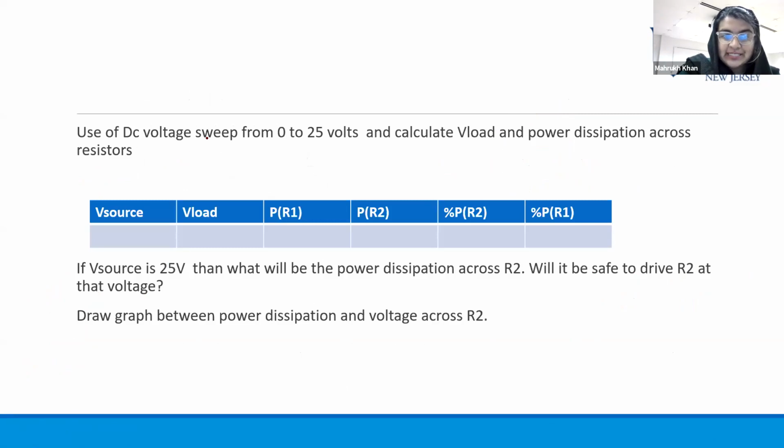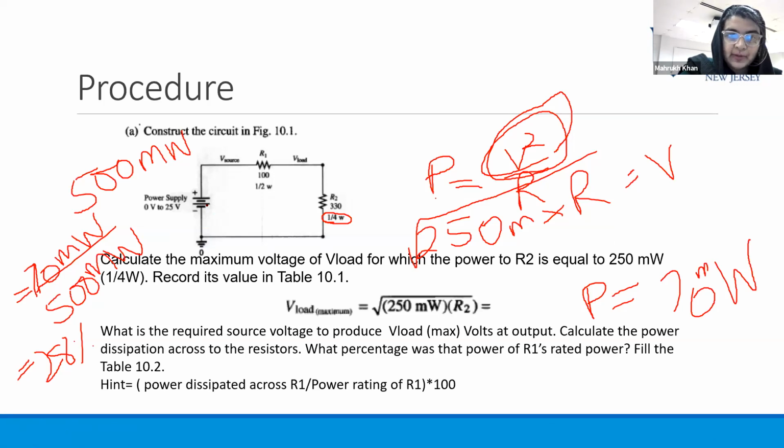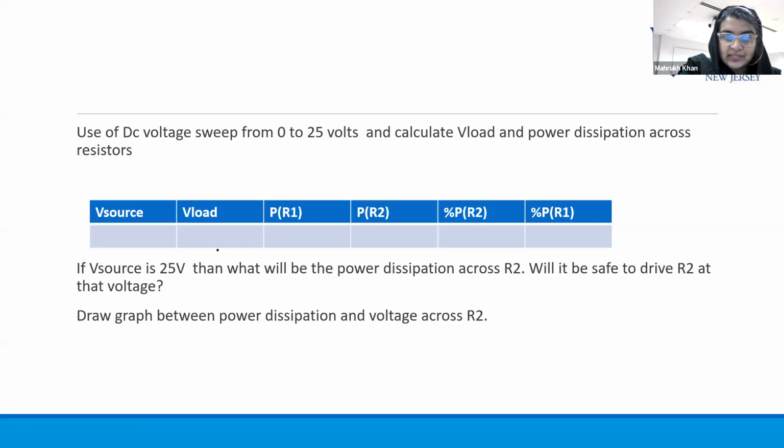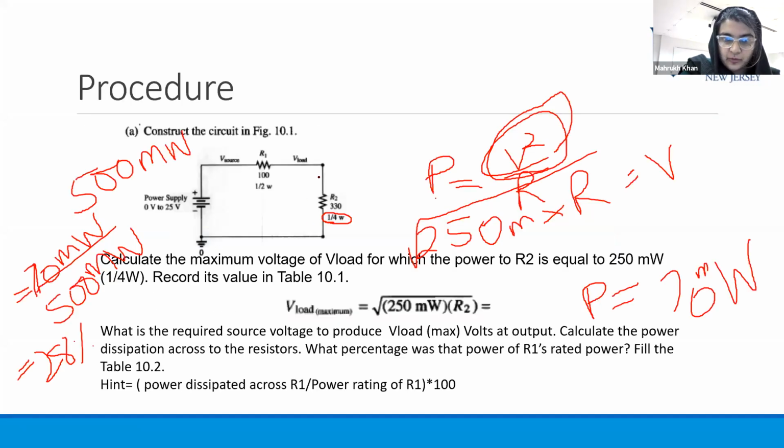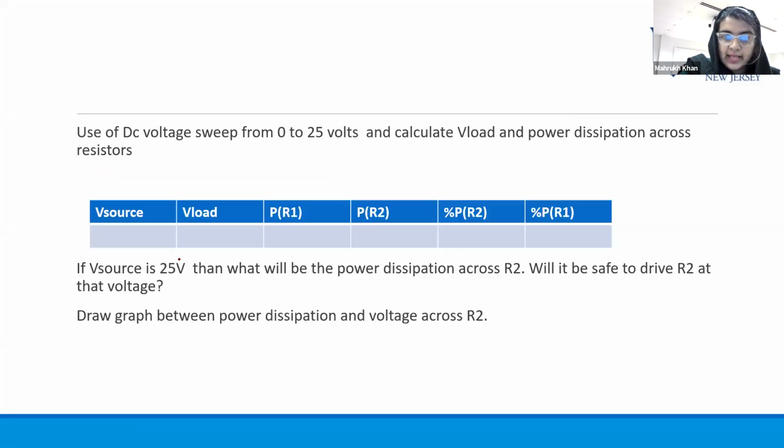Then use DC voltage sweep. Sweep means that you need to change the values from 0 to 25 volts and see how much dissipation we are getting across both the resistors, right? And V load is this voltage. Then you need to calculate the percentage powers of rated powers of both the resistors.